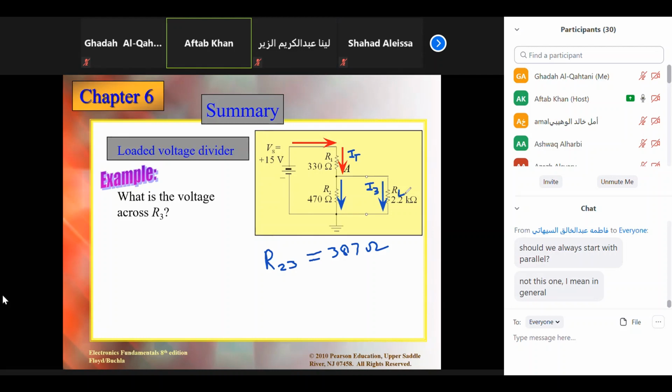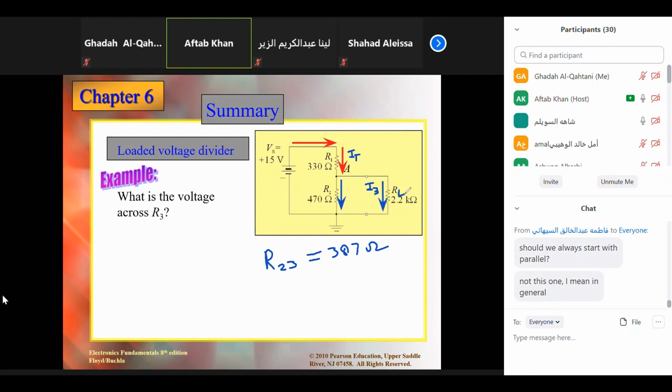Can you find any other way which you can get it? Yani, what is the first step? Do you think here 2 resistances are in series? Can we say V3 equals R3 over RT multiplied by VS or not?